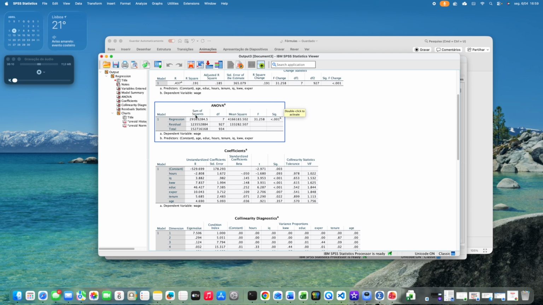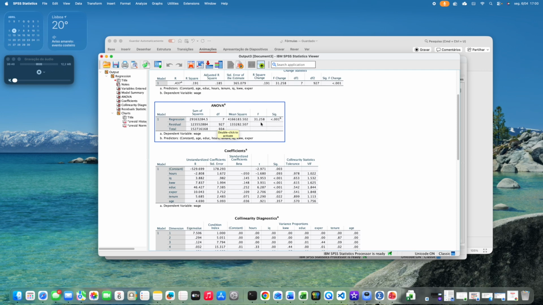If this is the total sum of squares, this is the mean square, or the average square. So this is the sum of squares of the regression divided by the degrees of freedom, the number of independent variables that we use, the constant is left out, and here we have the mean square of the residuals, which is this value divided by n minus k, which is the number of independent variables, minus 1.